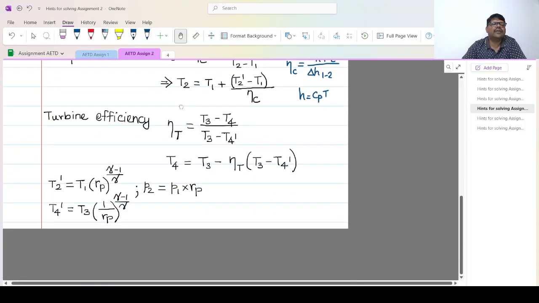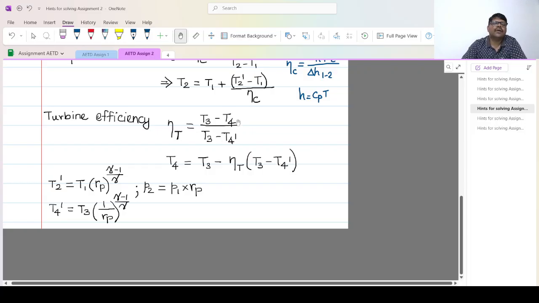Similarly, I can define the turbine efficiency in this form: eta T equal to (T3 minus T4) upon (T3 minus T4 dash). Rearranging this expression, we can write T4 equal to T3 minus eta T times (T3 minus T4 dash).